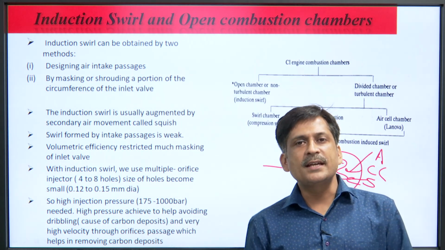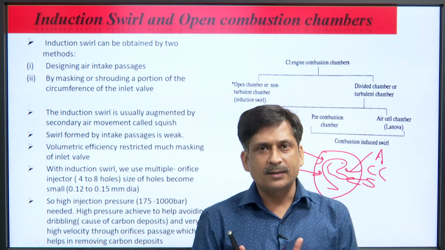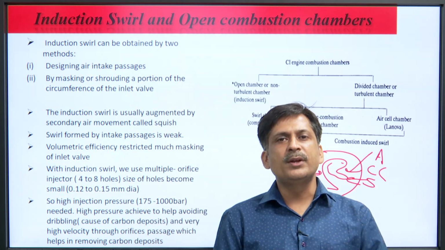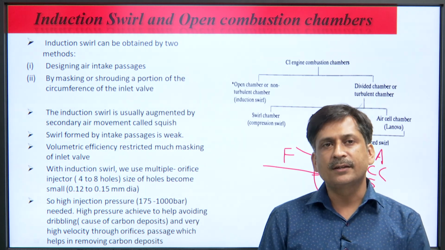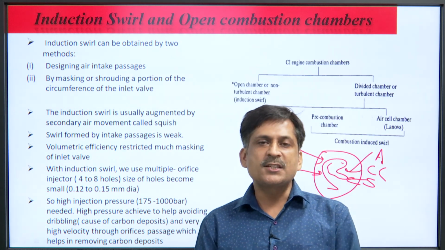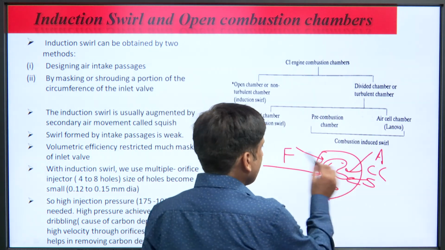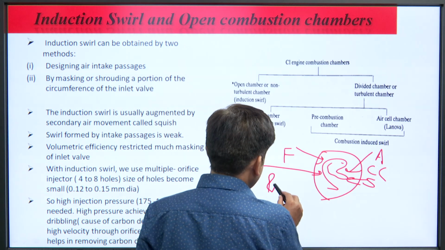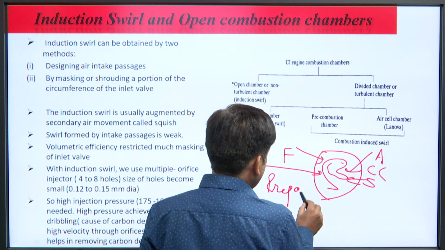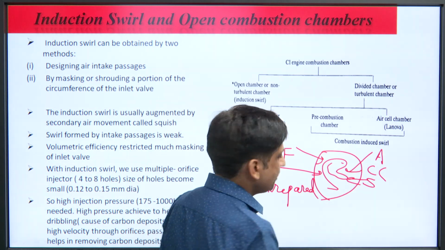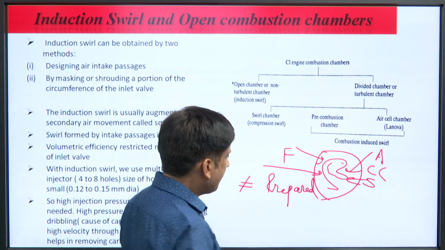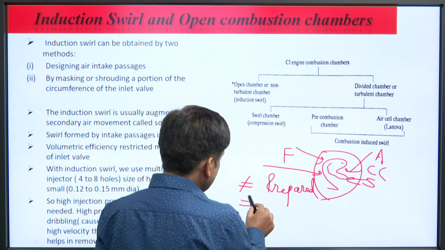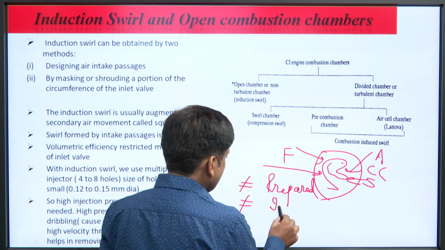So, in the case of an SI engine, a spark is created in the already premixed air fuel mixture, but in the case of a CI engine the mixture is prepared within the combustion chamber. There are two things happening in the CI engine combustion chamber. First is mixture preparation and then its ignition.